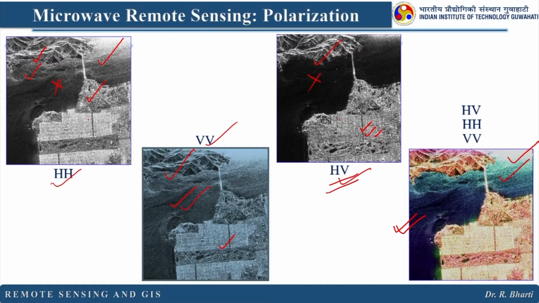So, in case you have data in all these 3 or 4 polarizations, you can generate a color composite and make use of this polarization to extract your target in a better way, right.